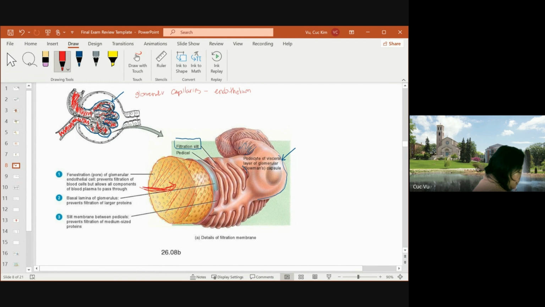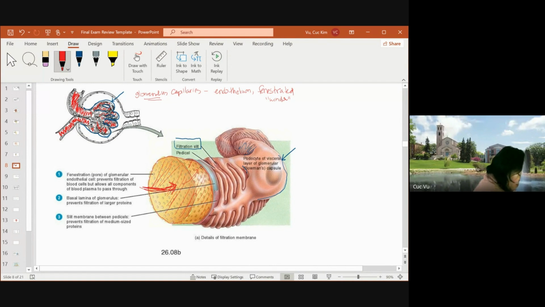The capillaries that form the glomerulus have a specialized endothelium referred to as the fenestrated endothelium. The term fenestrated in German means window. So it has these little holes right here, and that's what allows the blood to leave the endothelium of the capillary.